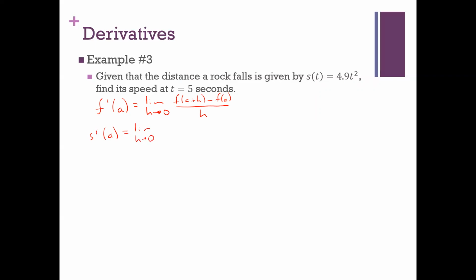Actually, why don't I stop calling it A? What is the value of A that I really care about for what I've asked here? 5. So I care about that rate of change at 5 seconds, when t is equal to 5. S of 5 plus h minus S of 5 all over h.